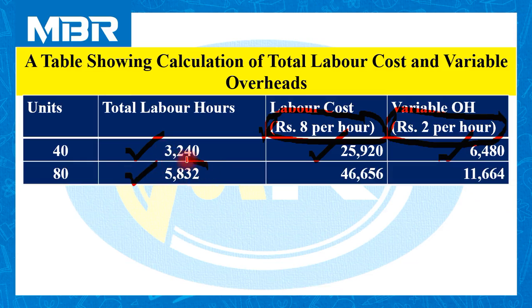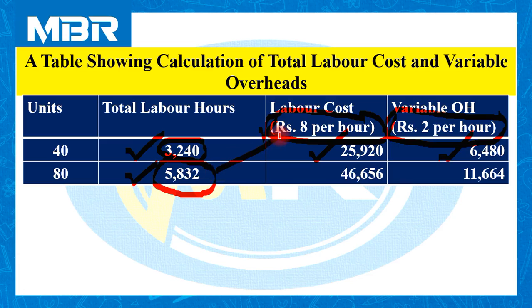Now second desired level, 80 units. Total labor hours required to manufacture 80 units, 5,832. As I said, we are not supposed to worry for 40 and 80 units because 40 and 80 are included in the calculation of learning curve application, that is doubling the production, 10, 20, 40 and 80. So as far as 40 units and 80 units are concerned, this information is ready-made available to us.